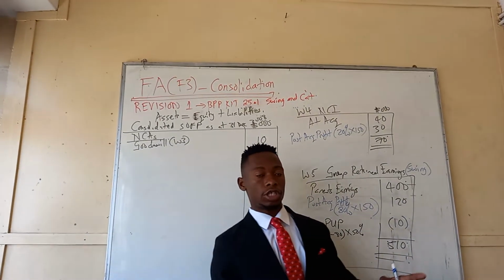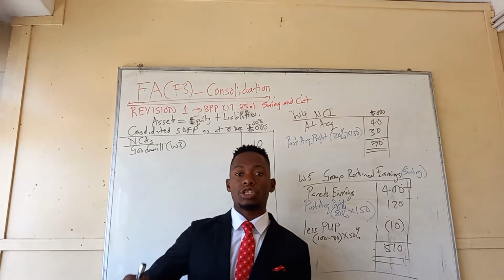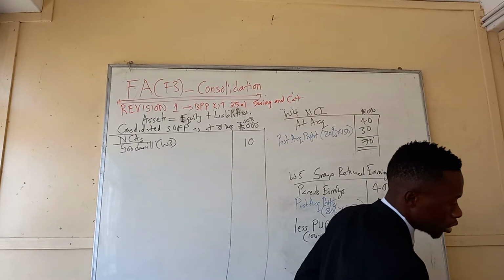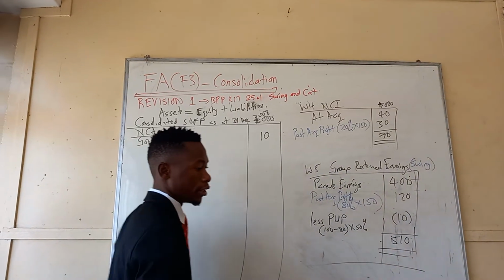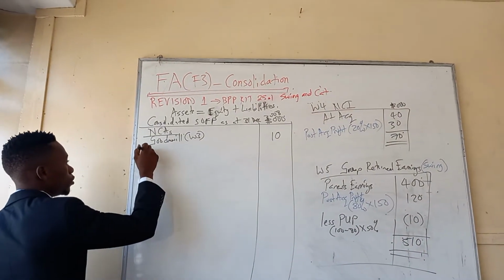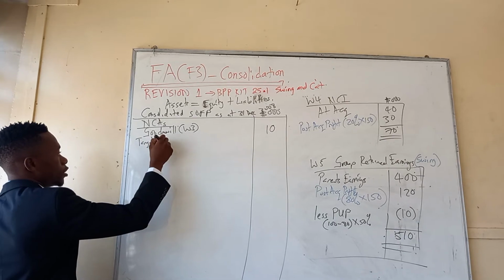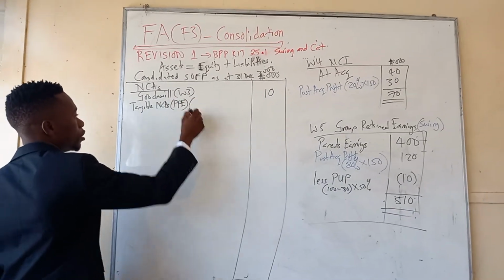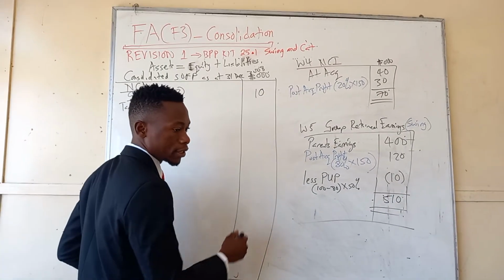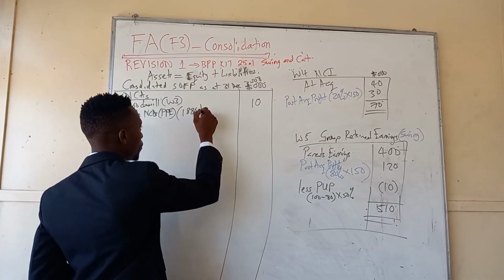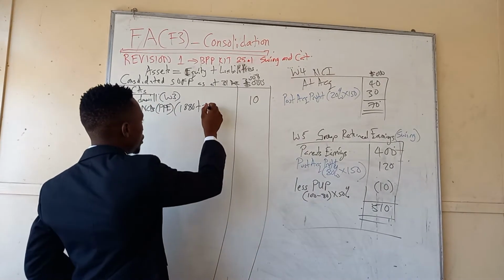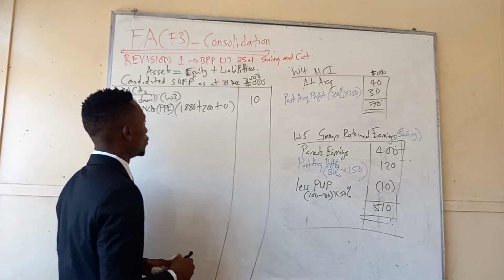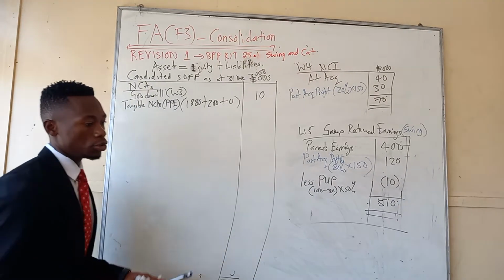You are adding the financial statements of the parent and the financial statements of the subsidiary, right? So you just copy and paste. We have the tangible non-current assets, that's your PPE. So the parent is 18.8 plus the subsidiary 200. Then there is no fair value gain, so we close off.